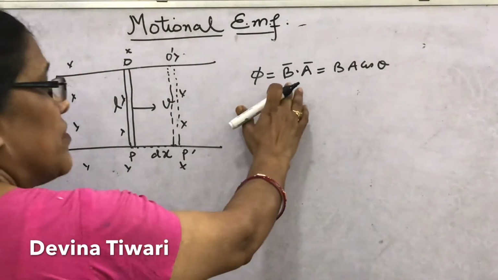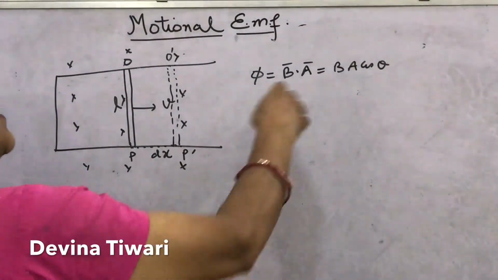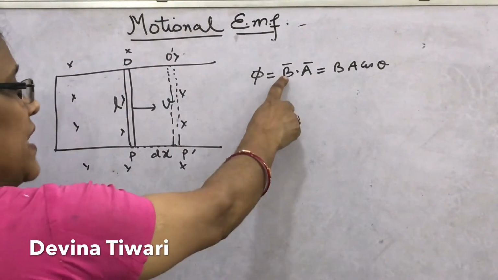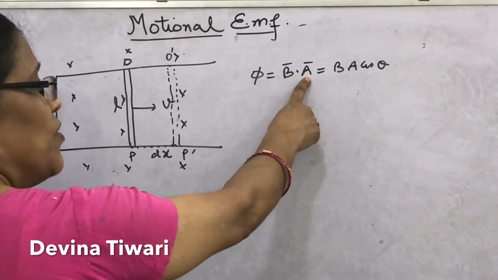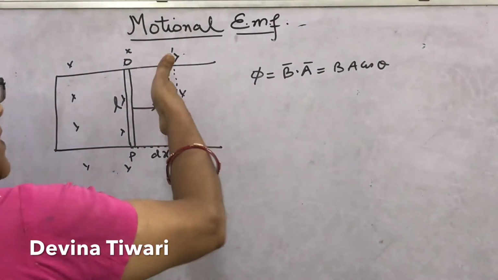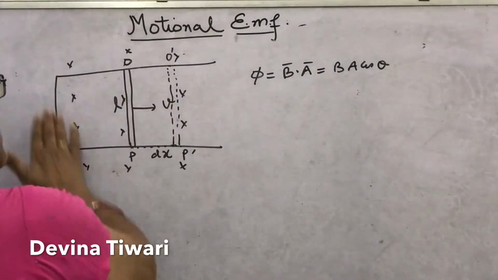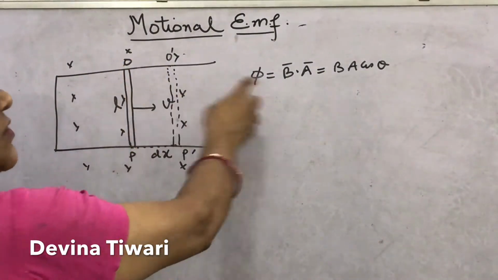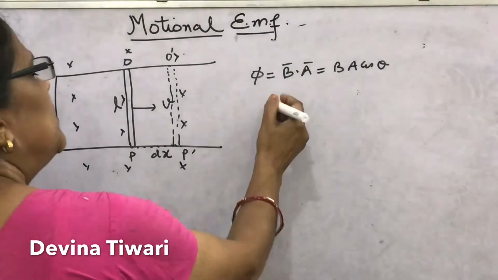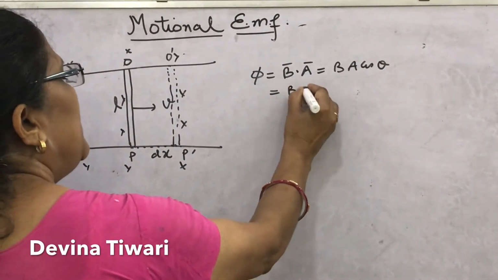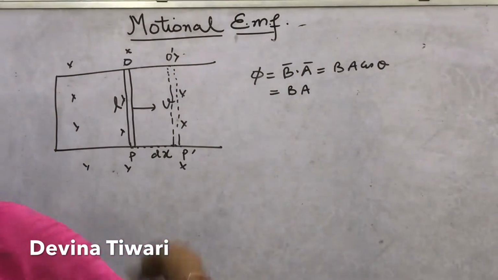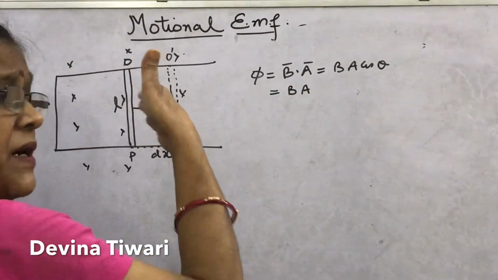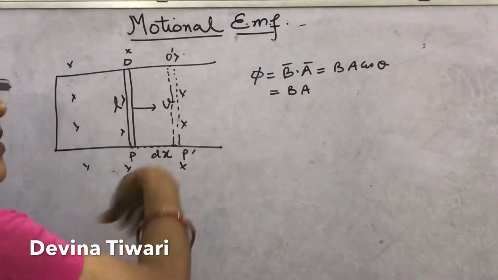So, how can you write theta? Theta is the angle between the area vector and the magnetic field. The magnetic field is downward, and you can suppose the area vector is also downward. So, what is theta? Zero. So the flux is maximum, BA, and as per the definition, all the field lines are passing through the area.